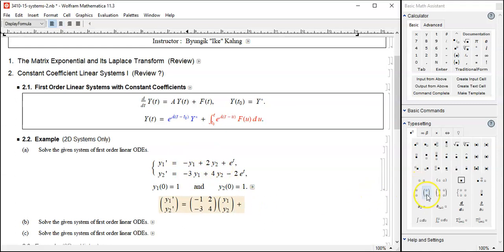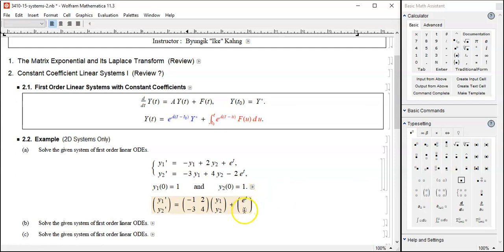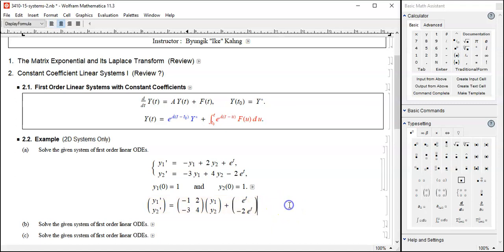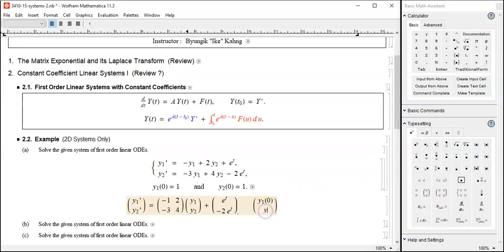Now the non-homogeneous part, we have e to the t power, and minus 2e to the t power, and that will complete the system of ODEs. Now the initial condition, y1 of 0 and y2 of 0, we have 1, 1.